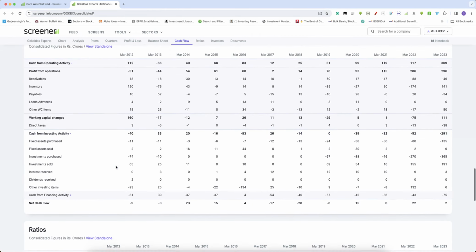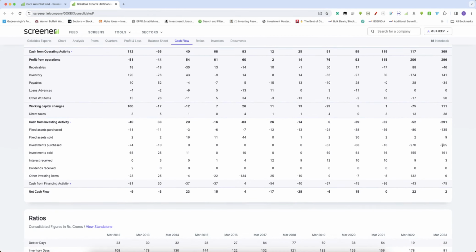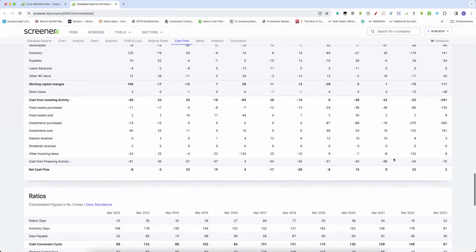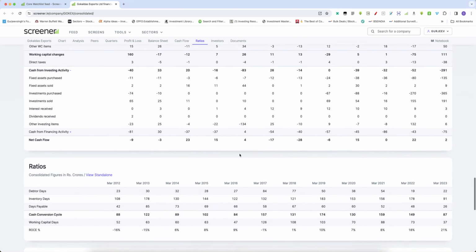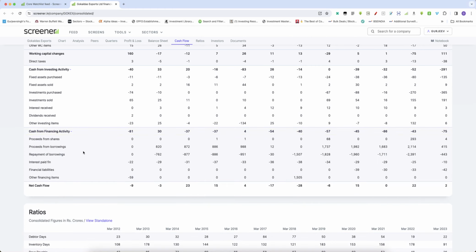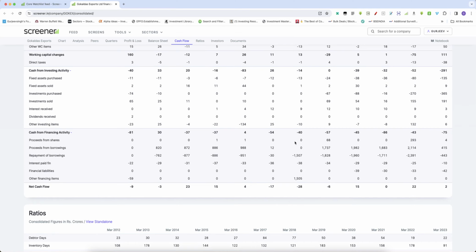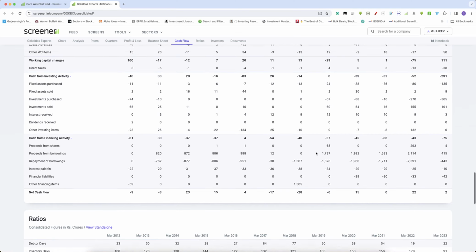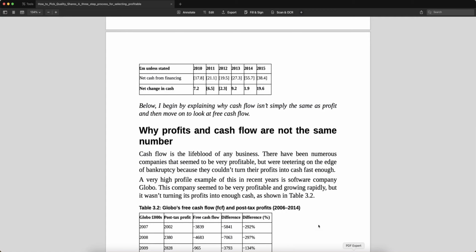From this you put your money into fixed assets, you sell some investments, you buy some investments, you adjust for the interest received, and interest paid, and it goes down to your cash flow from financing. Here you show how much money you got from shares, how much money you got from borrowings, how much you paid the borrowings back. So this is basically the structure of a cash flow.